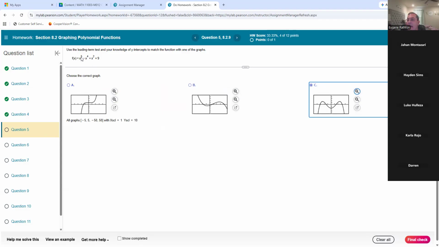So the degree is 5. That's the highest exponent. It is odd. There's not a number in front of the x, so it's a positive 1. So if it was odd with a positive lead coefficient, A, B, or C? All right, A, right? Odd degrees with a positive went uphill left to right.